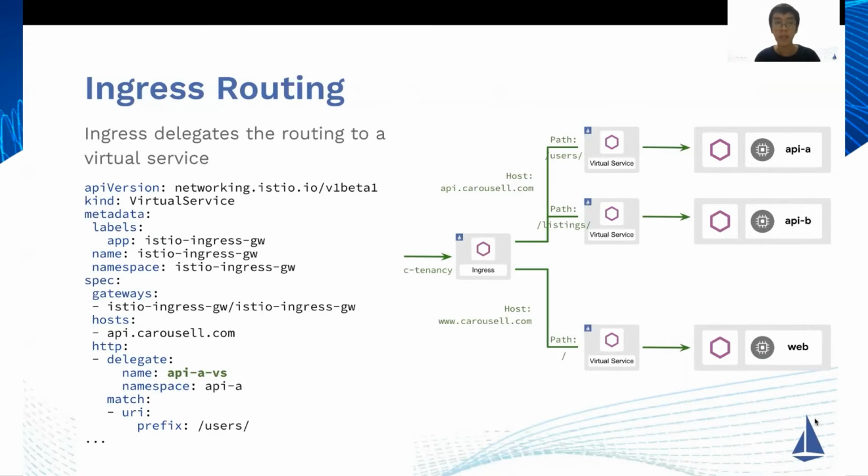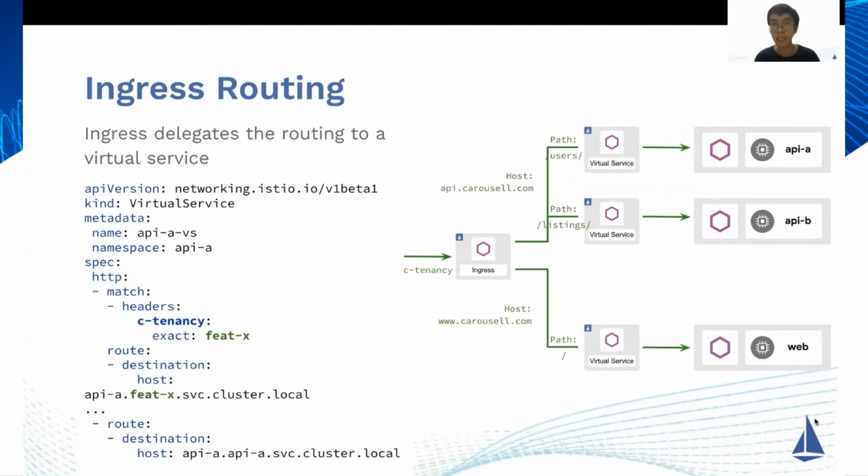So in our virtual service, we define the gateway that should route this traffic and what prefix. One thing here to simplify the C tenancy header routing is that we use virtual service delegation.